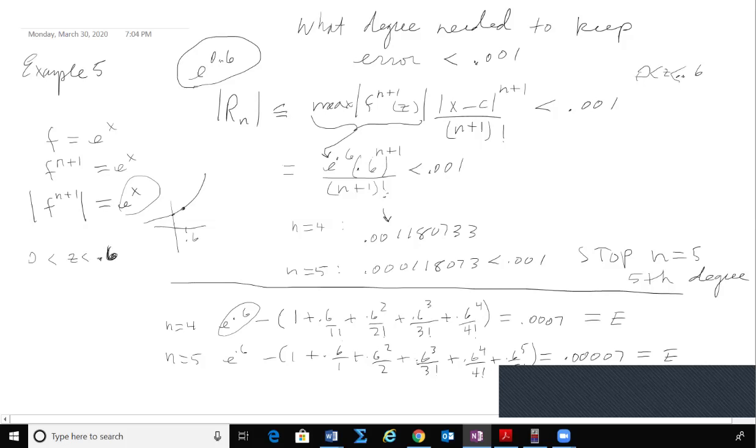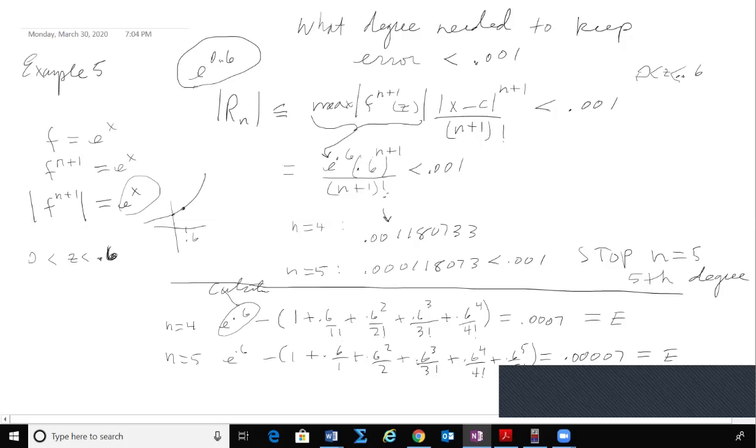The fact is, if you do the checking here, when n is 4, I checked it. I checked this value, which comes from the calculator. Okay, take that and subtract the fourth Maclaurin polynomial results here.